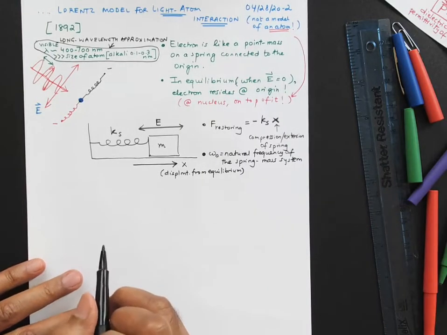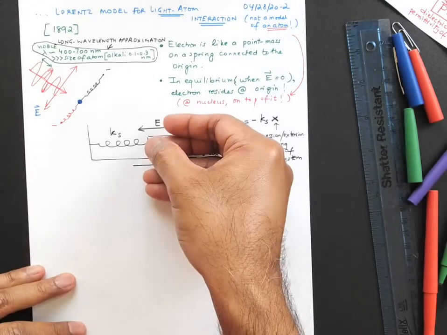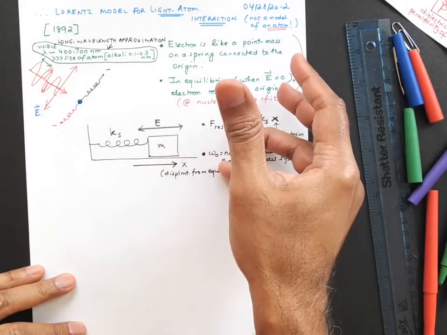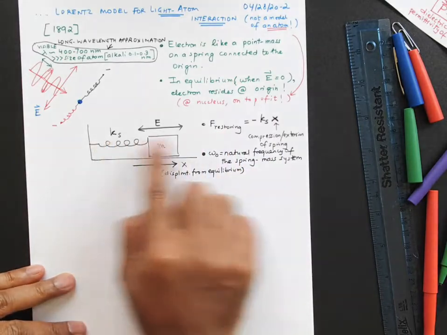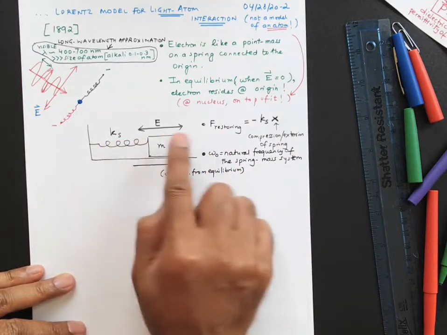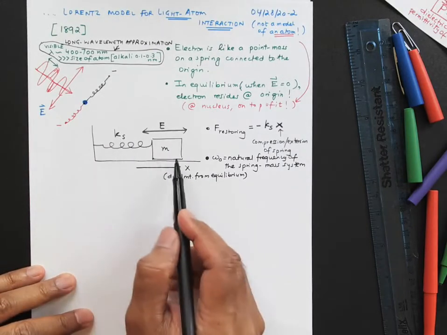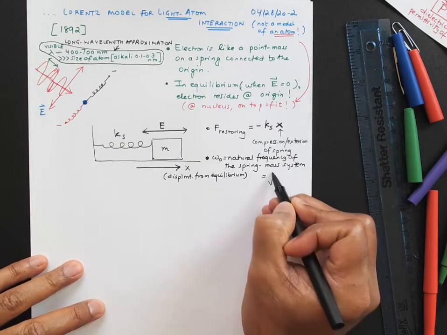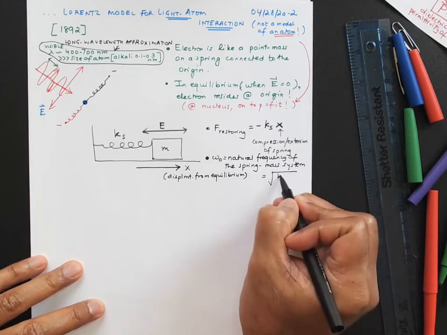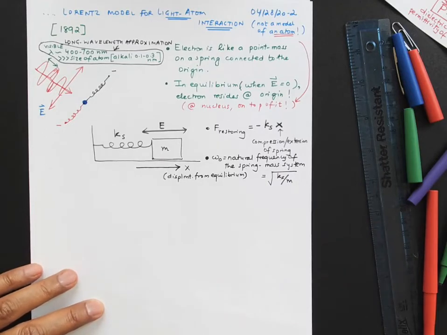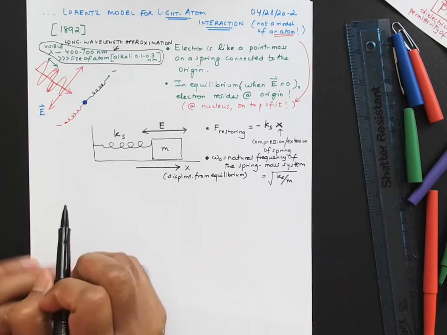Meaning that if I were to pull the mass out and then let it go, it would bing bong back and forth at a frequency determined by the spring constant and the mass, because this natural frequency is equal to the square root of the spring constant divided by the mass.